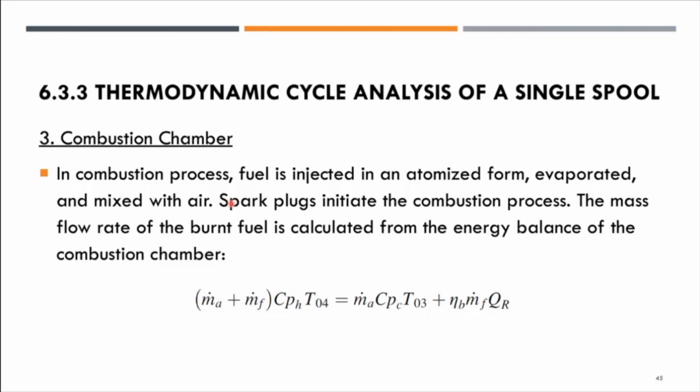It's not in liquid form where you can pour it and so on. It is atomized and evaporated. Okay, so the spark plug initiates the combustion process. The mass flow rate of the burnt fuel is calculated from this energy balance of the combustion chamber.